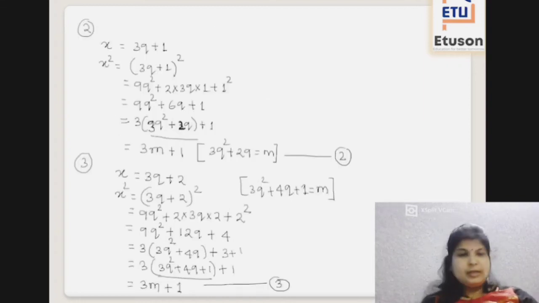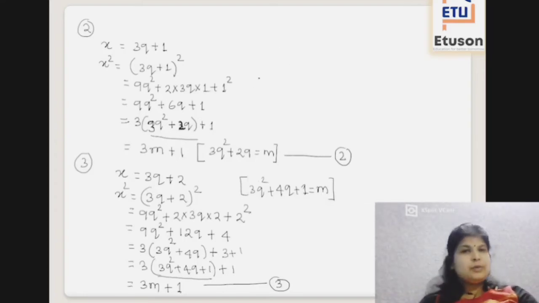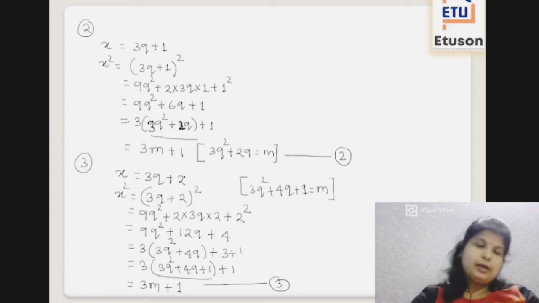So it is proved now that the square is represented in terms of 3m or 3m plus 1. Correct or not? So this is how you can prove using Euclid division lemma. Okay, so this is the solution to your question number 3, exercise 1.1.